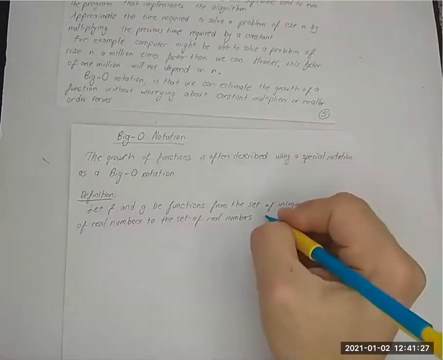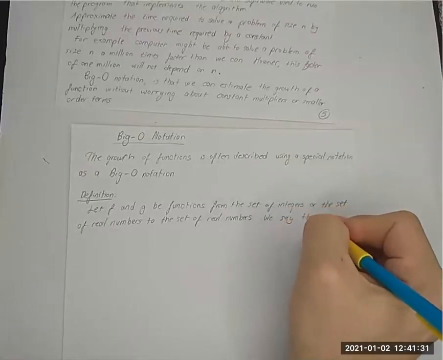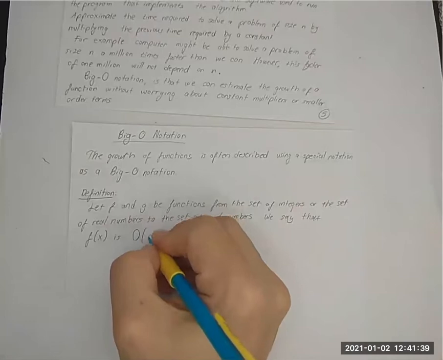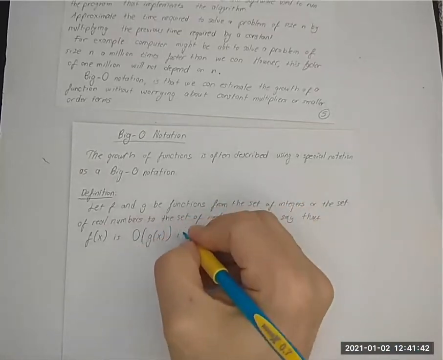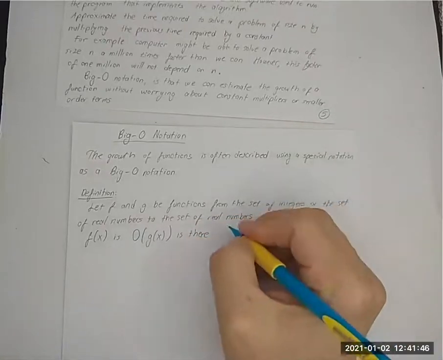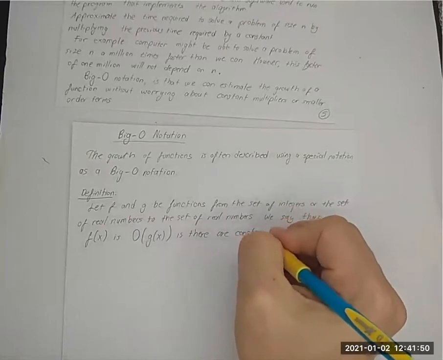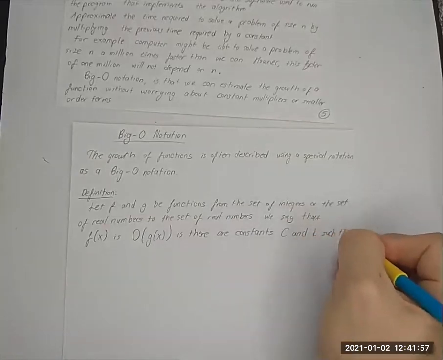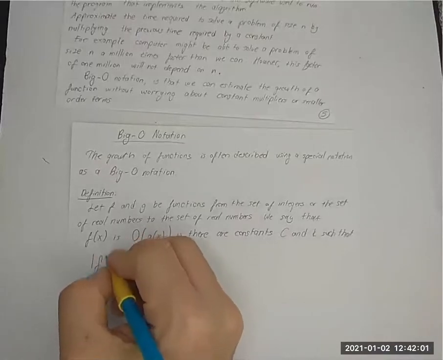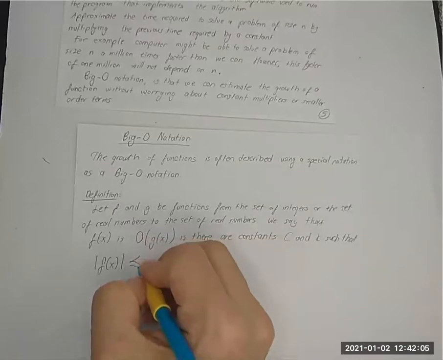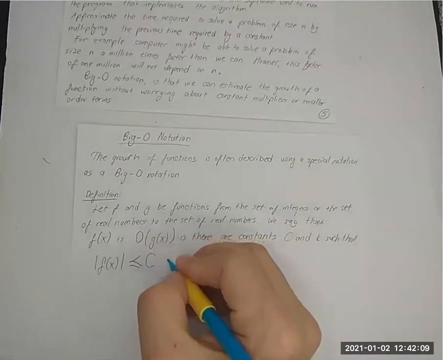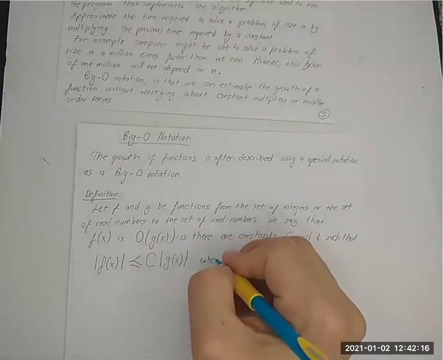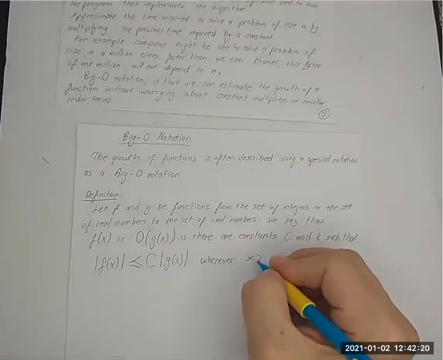We say that f(x) is O(g(x)) if there are constants c and k such that the absolute value of f(x) is less than or equal to c times the absolute value of g(x) whenever x is greater than k.